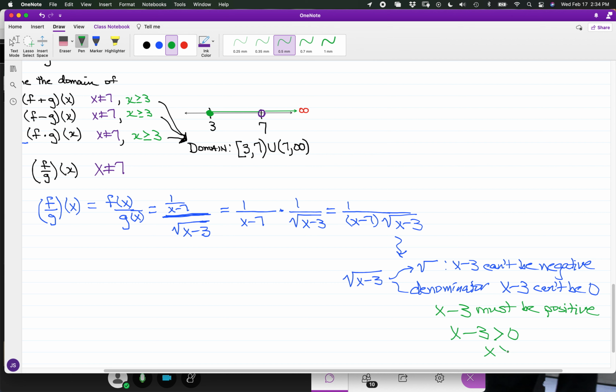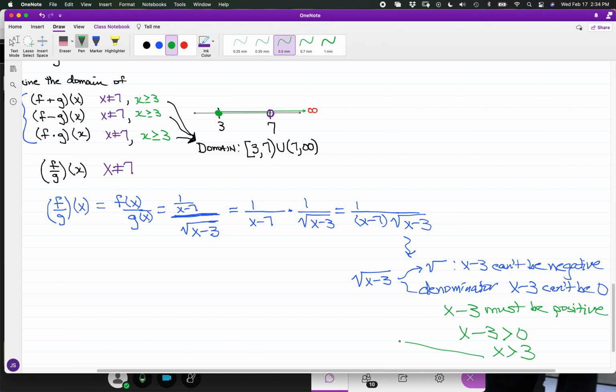So we will have that x is greater than 3. And so for the restrictions in the quotient function, along with x not equal to 7, the other remaining values of x are such that x is not greater than or equal to 3, but just greater than 3.